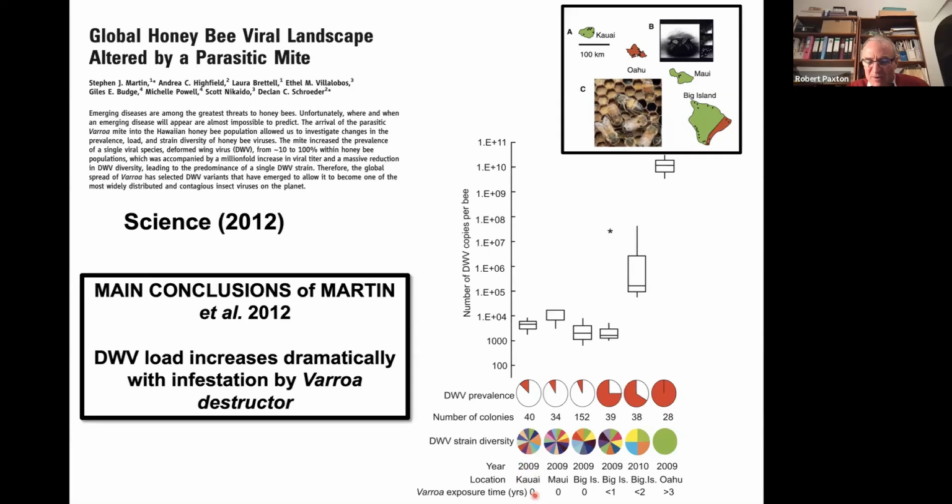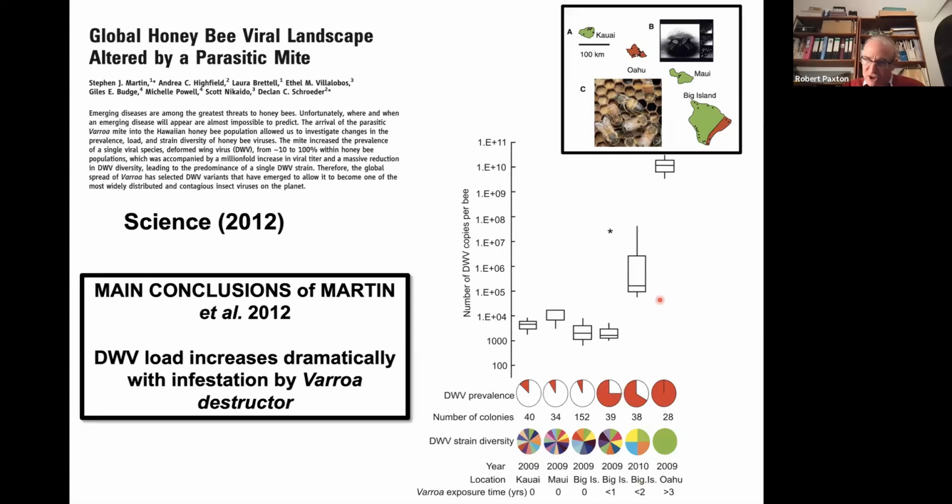This is years of varroa exposure 0, 0, 0 in these years. Here, after 1 year of exposure, 2 years of introduction of the mite, or 3 years of introduction of the mite, we can see that deformed wing virus prevalence leads to every colony having deformed wing virus in it, which is probably the case everywhere where varroa mites are found.